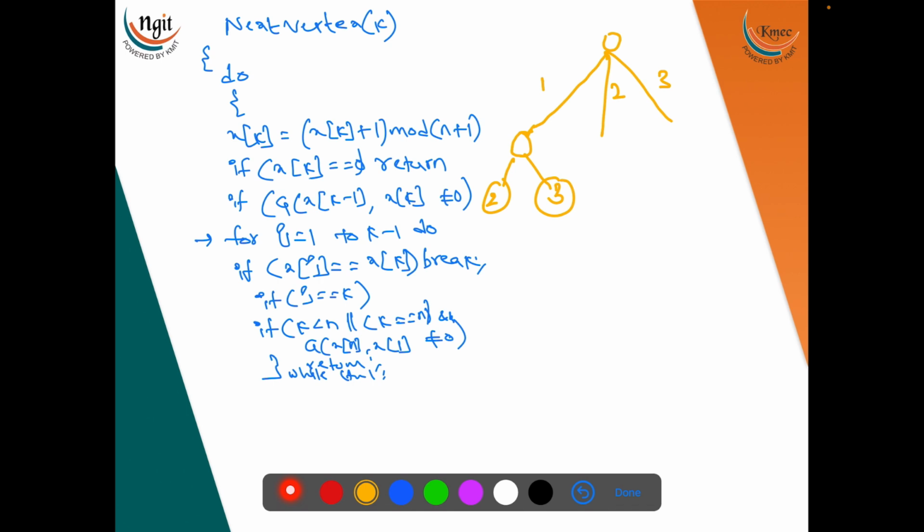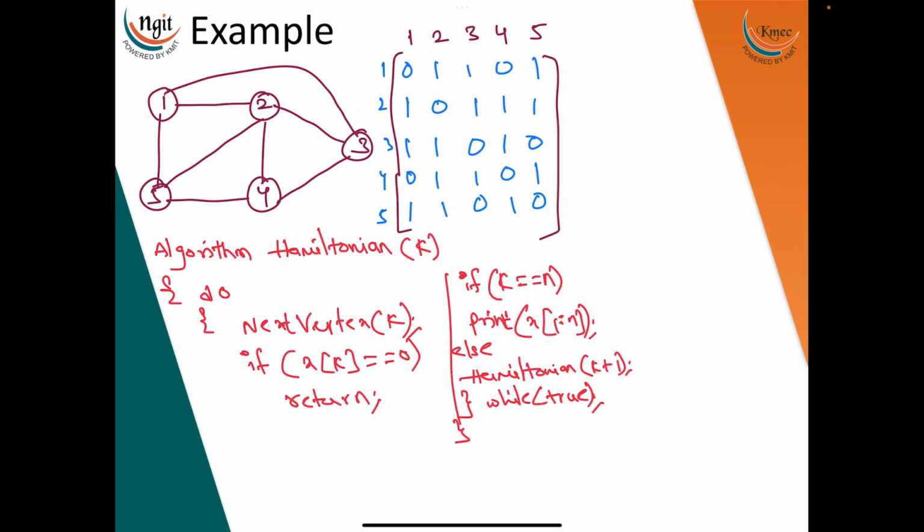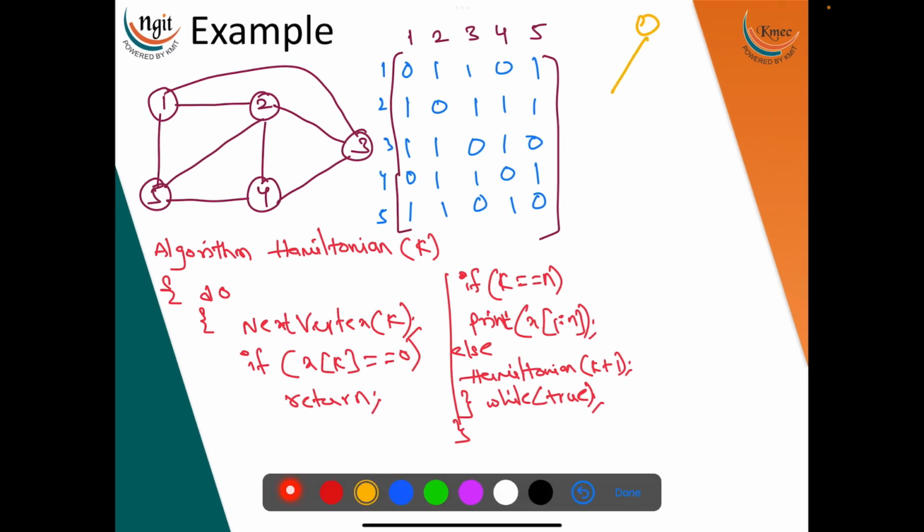Based on where we move, we use the cost adjacency matrix, which tells you whether there is a connection from one node to another. Let's take a graph with vertices 1, 2, 3. I have completed visiting the first vertex. If I want to move to the second vertex, you should know whether the path exists or not.